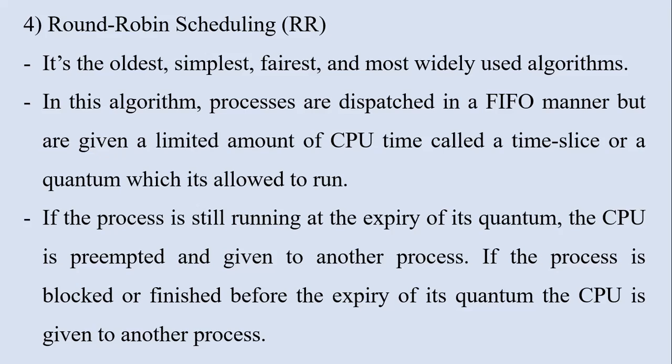If the process is still running at the expiry of its quantum, the CPU is preempted and given to another process. If the process is blocked or finished before the expiry of its quantum, the CPU is given to another process.